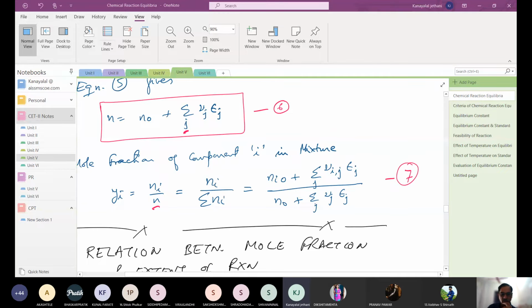Has everyone written the equation? Raise your hand when you finish writing the equation. Has equation 7 been written? Yes, sir.